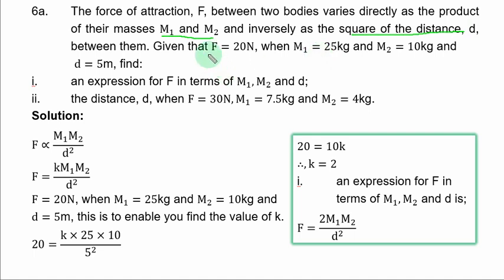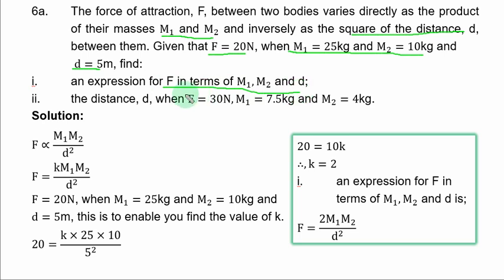Given that F is equal to 20 Newton, m1 is 25 kilogram, m2 is 10 kilogram, and the distance d equal to 5 meters, find Roman figure 1, an expression for F in terms of m1, m2, and d.